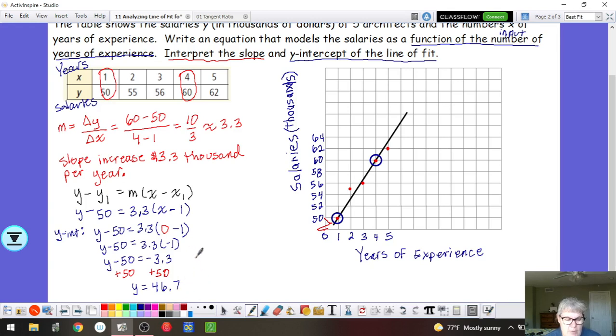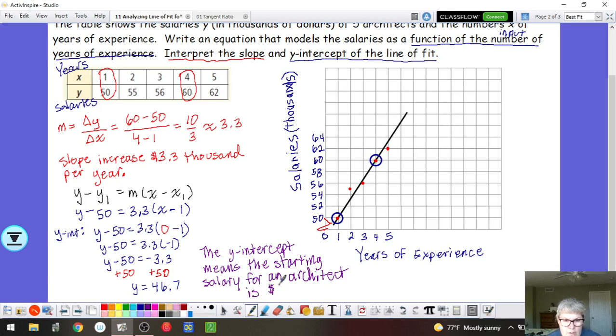And the y-intercept then, and I'm going to use a different color to explain this, the y-intercept means the starting salary for an architect is $46.7 thousand.